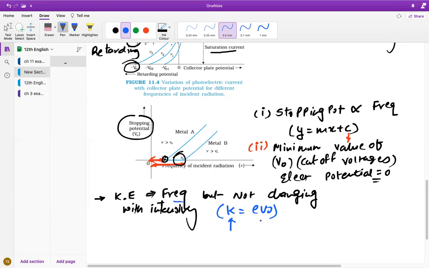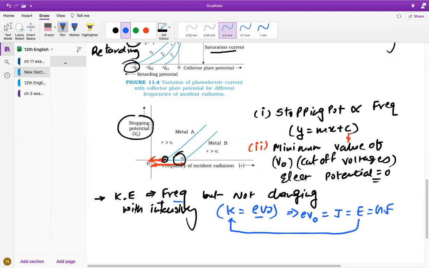What is the unit of eV0? Electron volt. Electron volt has to be converted to joules. So we were saying E equals hf, where E is energy, and E is also kinetic energy. So we have concluded that it is not only dependent on the voltage; it also has a relationship with the frequency as well.